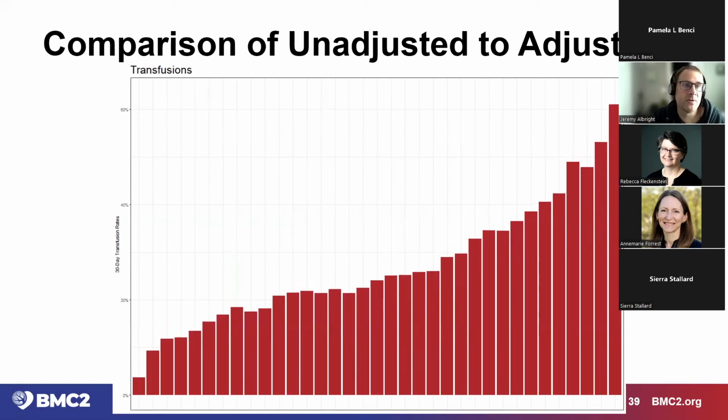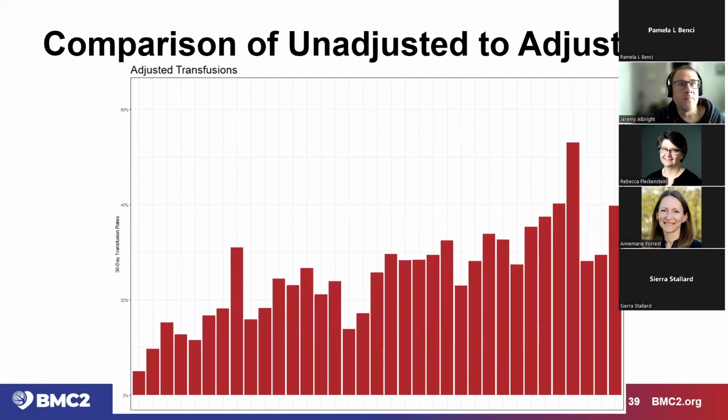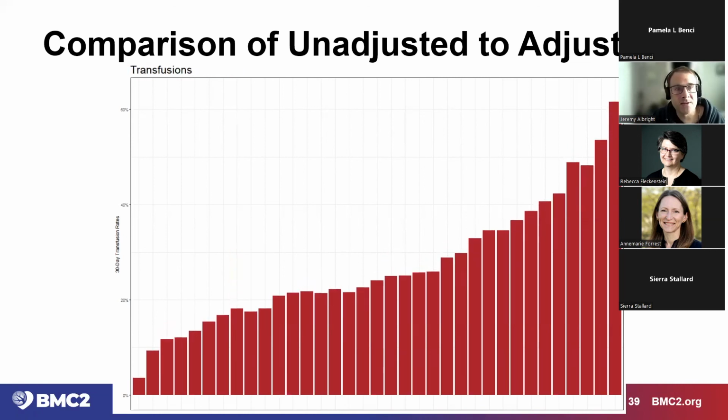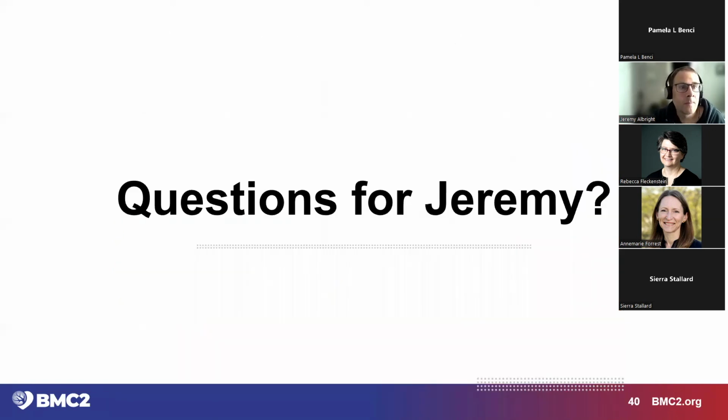So risk adjustment is a really important step that we can take to help give you a fairer portrait of where your specific site stands in reference to the other hospitals that are in the consortium. So that's the presentation. I'm happy to answer any questions you might have.